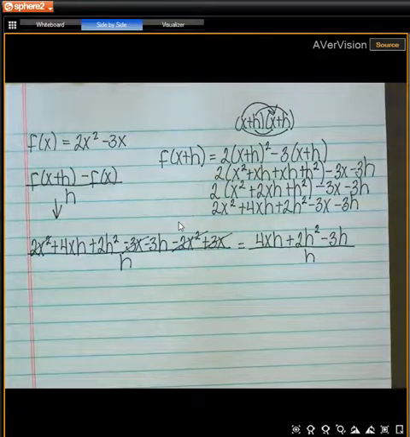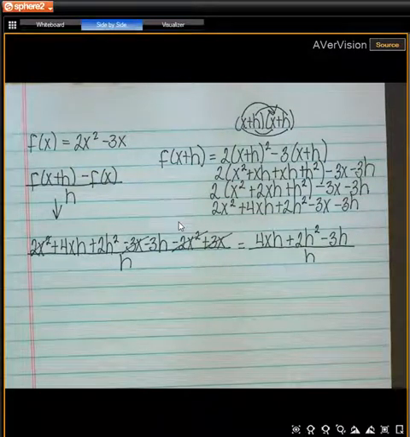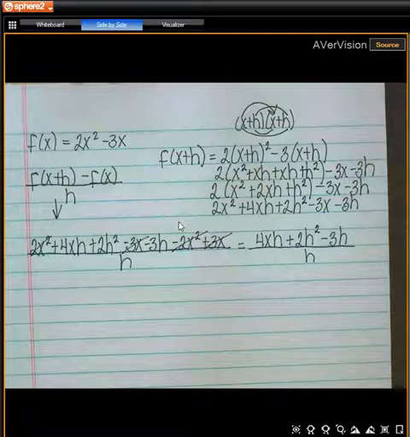And then we're left with 4xh plus 2h squared minus 3h, all divided by h. Can we simplify this?